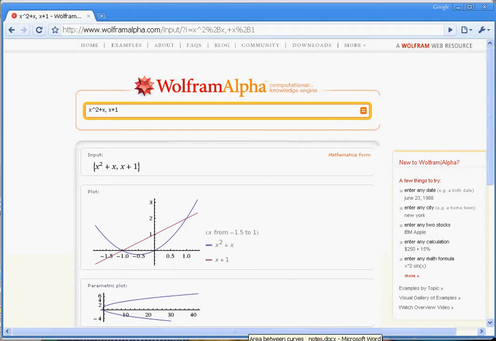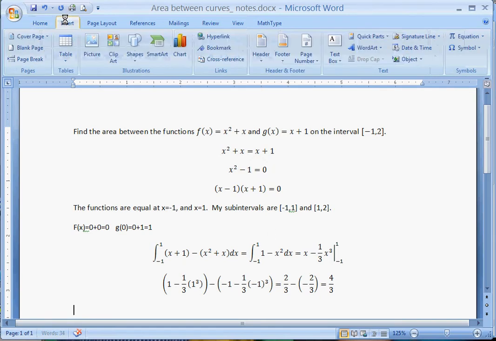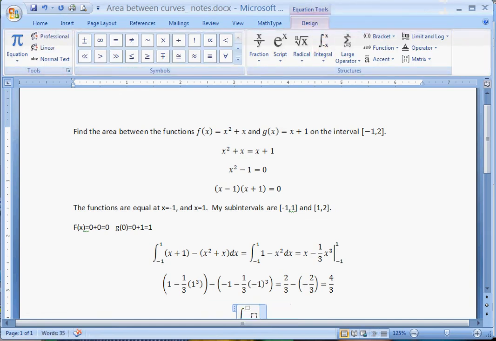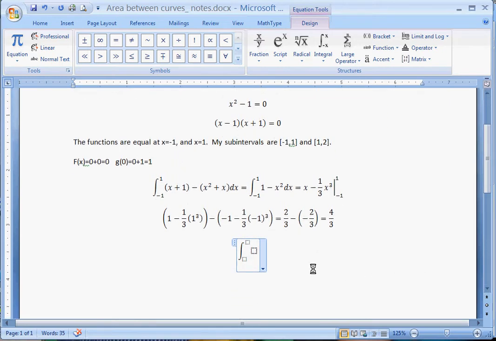Now I'm going to go back and work on the other integral. So on my other subinterval, that is from 1 to 2, I'm going to be taking the function x squared plus x minus the function x plus 1. I can simplify that again.